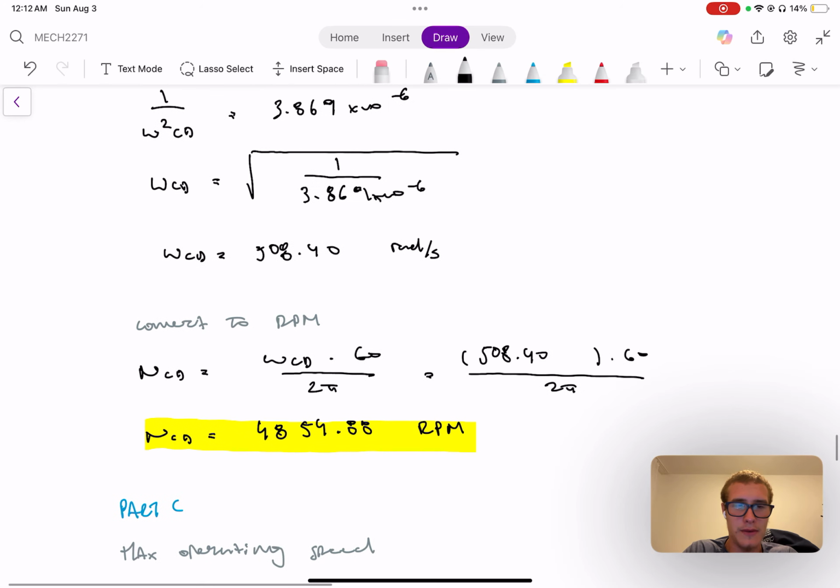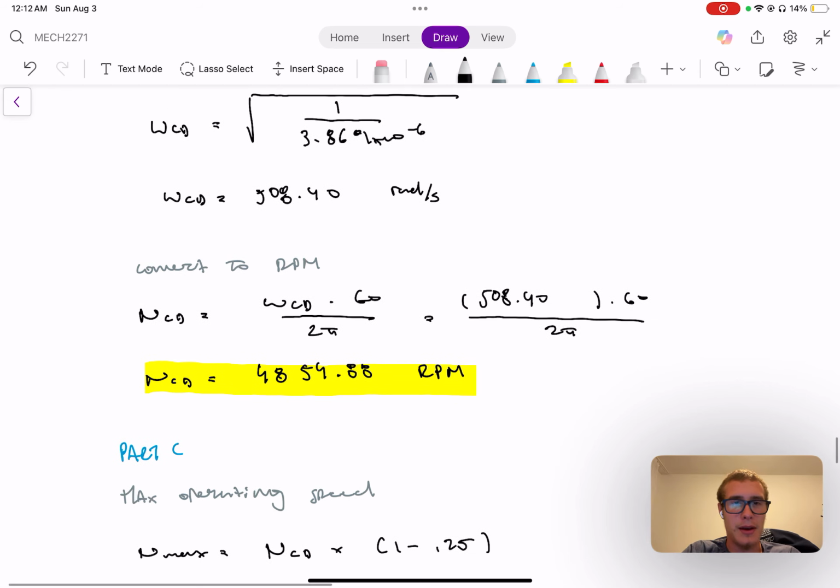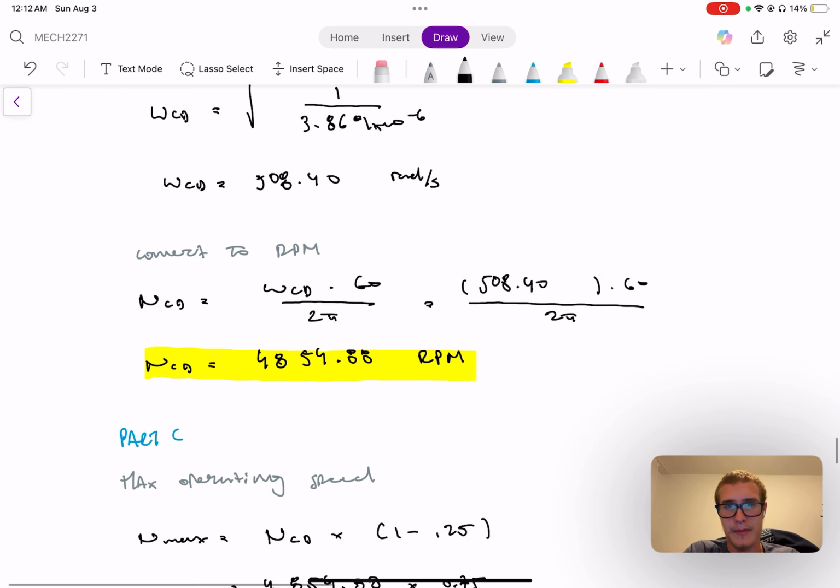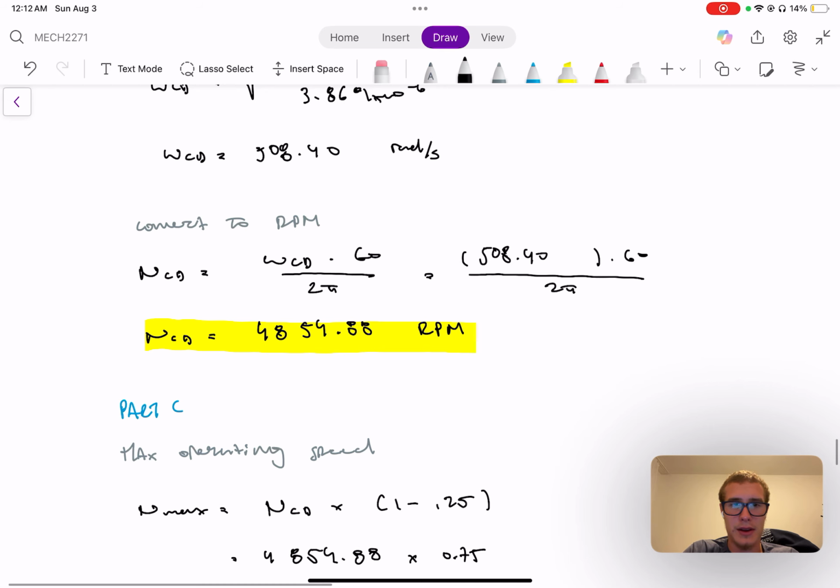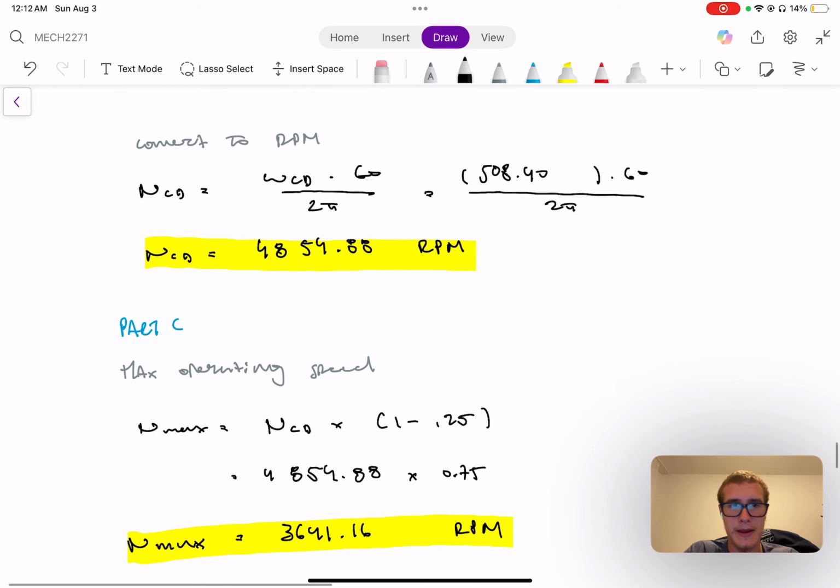Then convert to RPM. Sorry, I blanked out there for a second. Converting to RPM, we just multiply by 60 divided by 2 pi, and we get this value right here for NC in RPM.